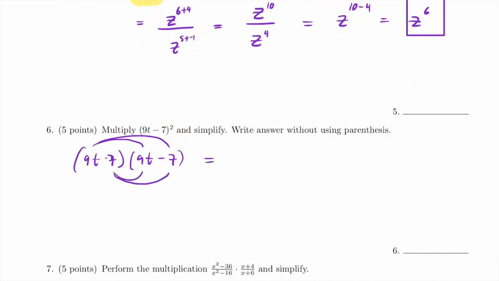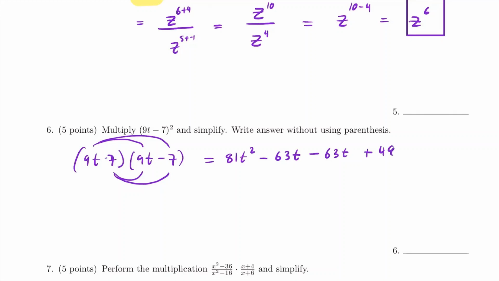So this will give us 9t times 9t, that's 81t squared. 9 times negative 7, so that's going to give us negative 63t. And then we get another negative 63t. And then negative 7 times negative 7, that's positive 49.